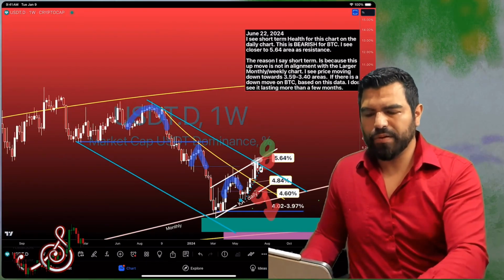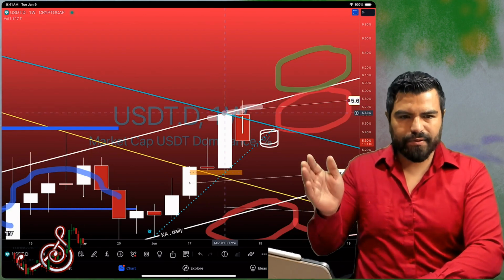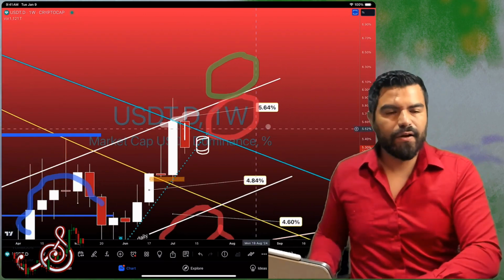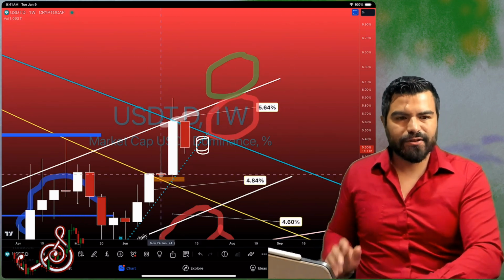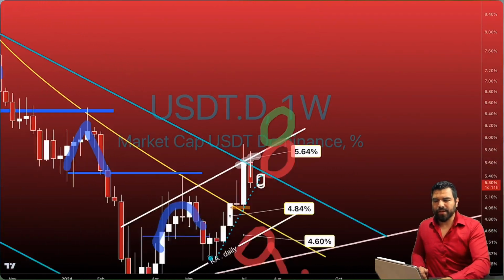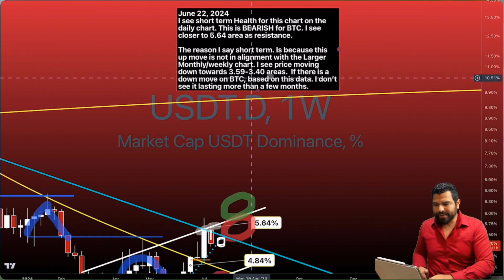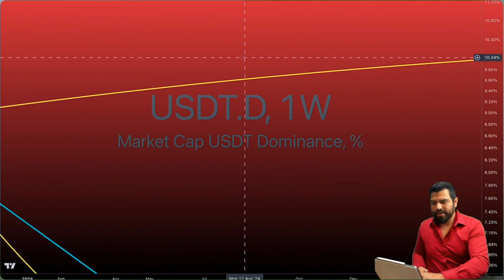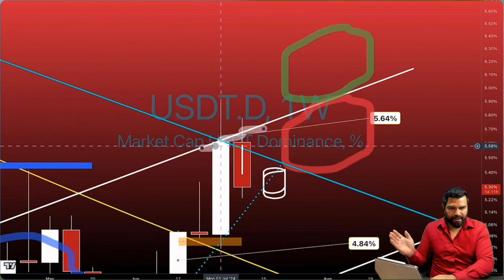Okay. We've been looking in this area specifically from last week. Remember, you guys had this number for the last few weeks, and this is a weekly chart. So I showed you guys on Saturday this specific chart again with my comments from June 22nd about that 5.64 number. And then we hit exactly 5.64 for that week and stopped right there.